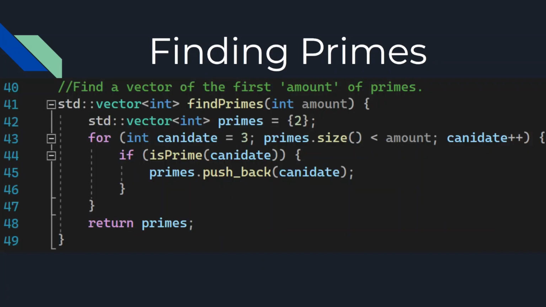So we start with our naive solution. We have our amount of primes that we want to find, and we declare a vector. And we put our first prime in it, which is 2. So we start at 3. We say, okay, is 3 prime?